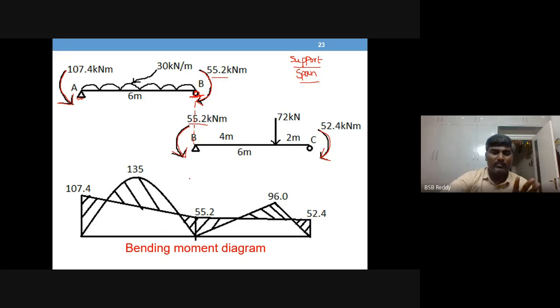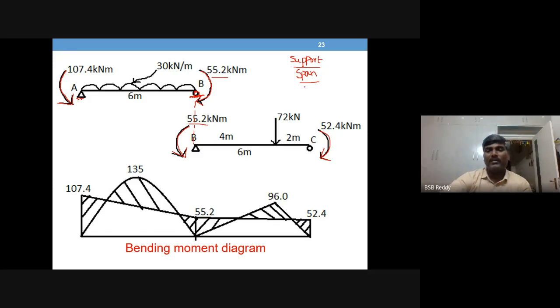This is what we follow. Now come here. Support A has an anti-clockwise moment, which means it is hogging, a negative moment.